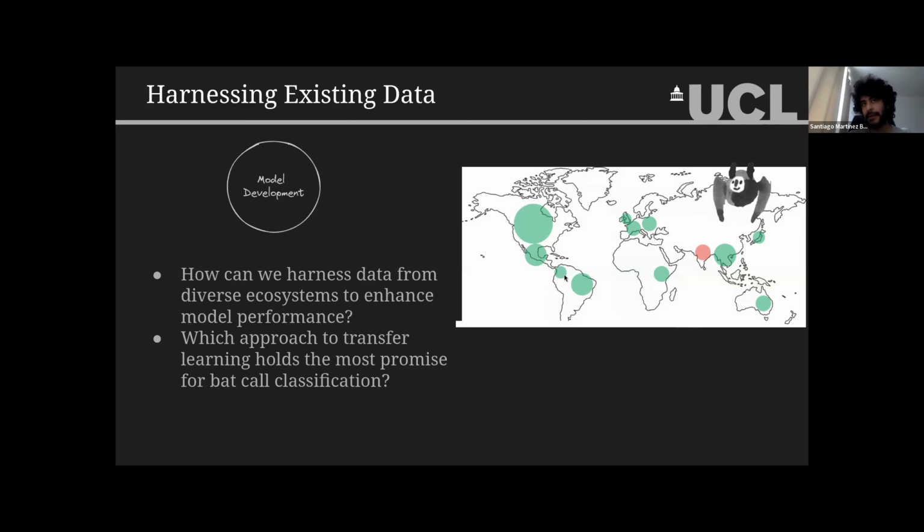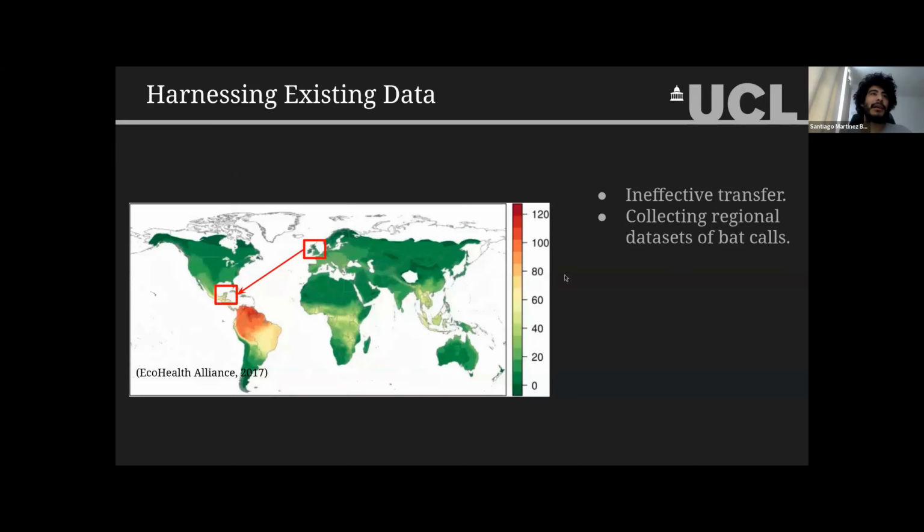And this leads to the question of, okay, so we know there are several ways of doing this, transfer learning and domain adaptation, but which one is going to give us the best performance for these multiple data sets of bat recordings? So we are in the process of doing some very initial explorations.